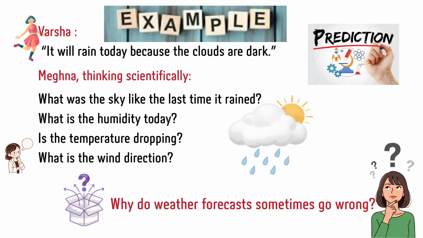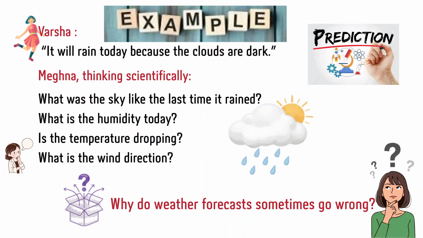Have you ever wondered why a weather forecast says rain today, but the sky stays perfectly clear? Weather is actually very complex. It depends on many changing factors like temperature, air pressure, humidity, and wind.